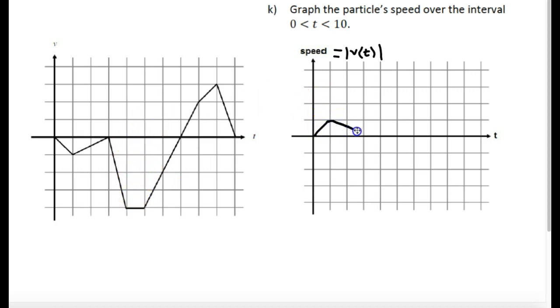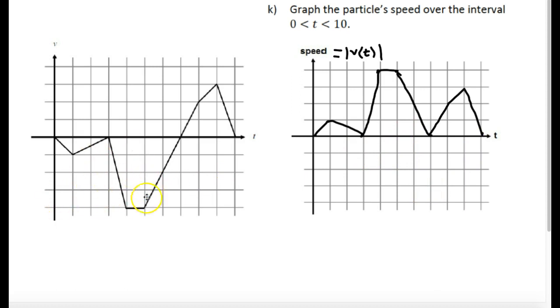So my speed, let me come up here. Then we are constant. Then we come down to here. All right, so this would be the graph of speed.